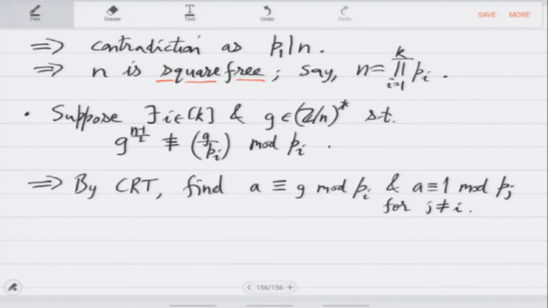This A will exist. Now let us check A raised to n minus 1 by 2 mod n.